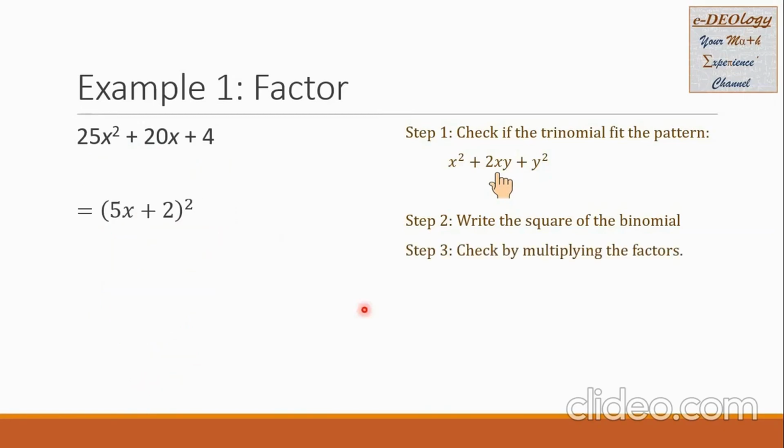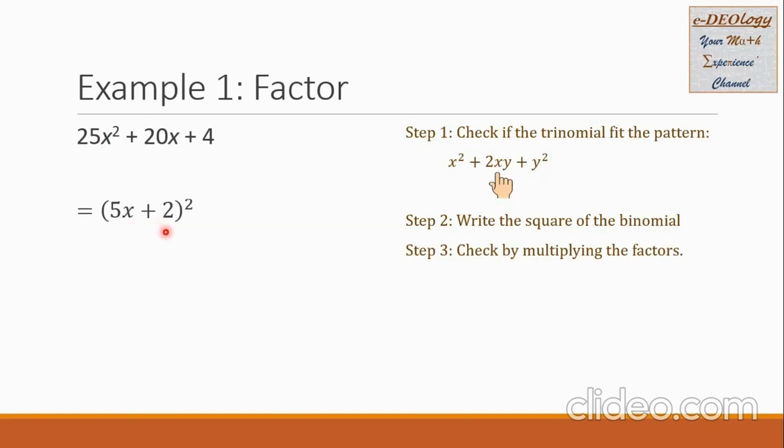Now for step 3, we're going to check our answer if it is correct. We are going to expand and hope that we will get back our original problem up here. So when we expand a binomial, it will follow this pattern here. So the 5x squared will give me the 25x squared, and that is the first term of the trinomial.